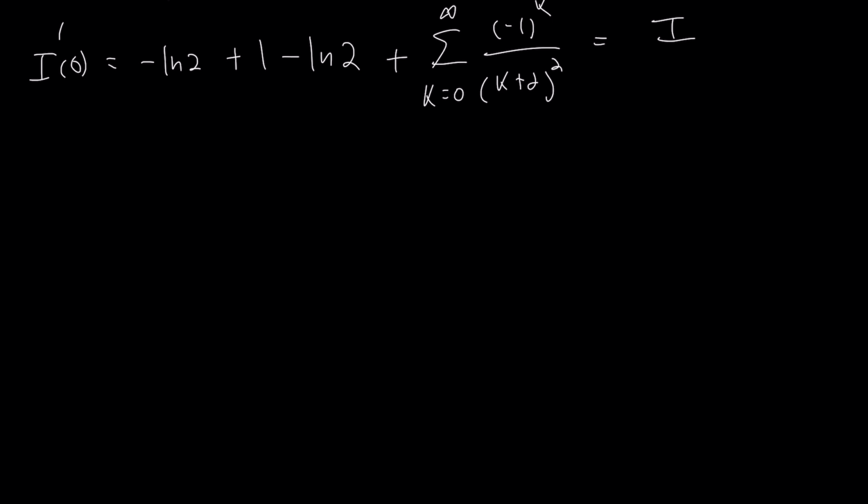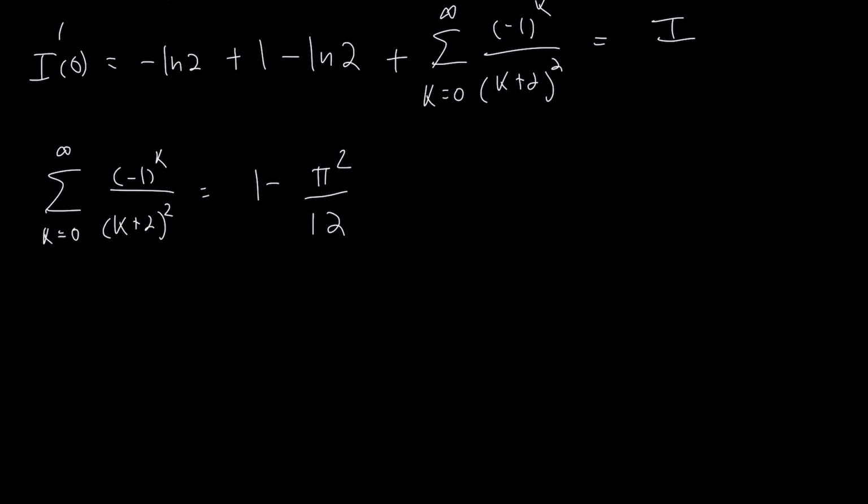Then we could use the same technique, but I won't show it, and the sum from 0 to infinity of -1 to the k divided by k plus 2 quantity squared will end up being 1 minus pi squared over 12.